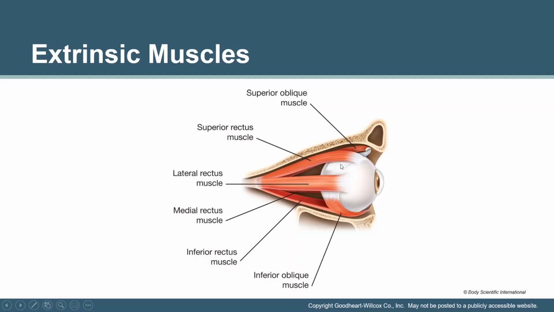Now, I don't think we have the best picture in your book or in our PowerPoints to represent how this guy attaches, but the inferior oblique muscle, you can kind of get a better idea of how it wraps, whether they're superior or inferior oblique. It kind of wraps the width of the eyeball. So it's yanking it to one side to its origin.